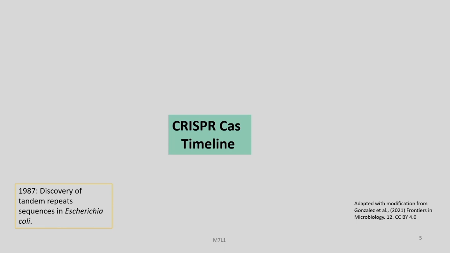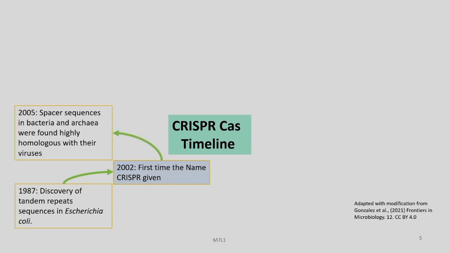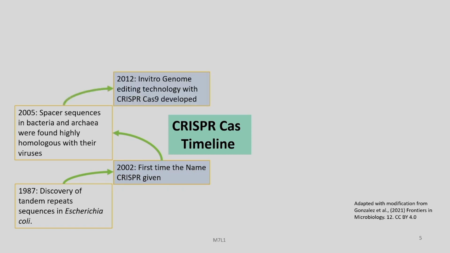Then we know about the work of Mojica, and in 2002, as we have already discussed, he along with Jansen gave the name CRISPR. In 2005, the spacer sequences in bacteria and archaea were found to be highly homologous with the viruses which attack them. By 2012, this basic knowledge was soon converted into a technology.